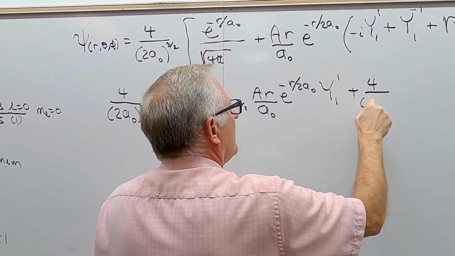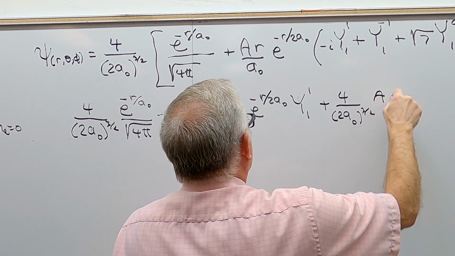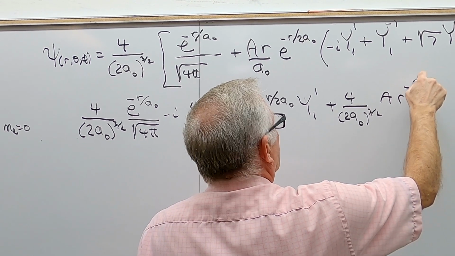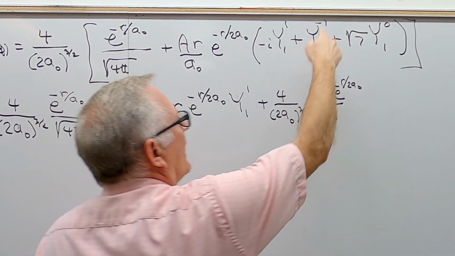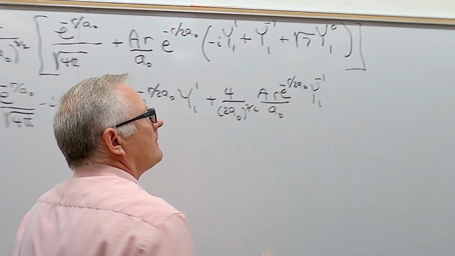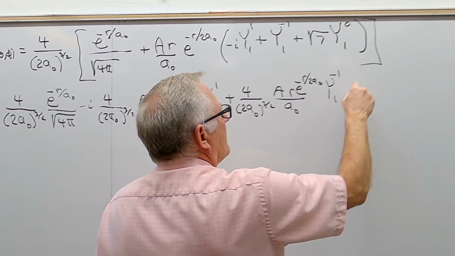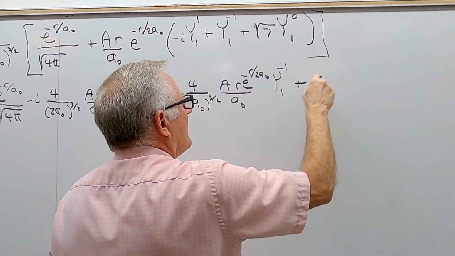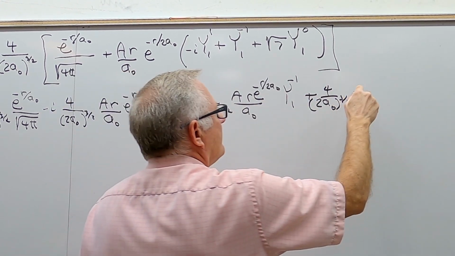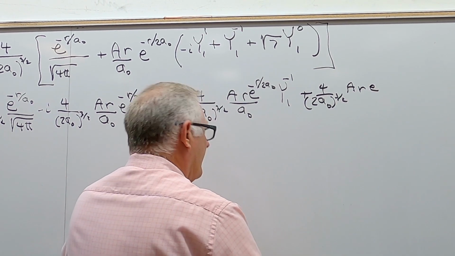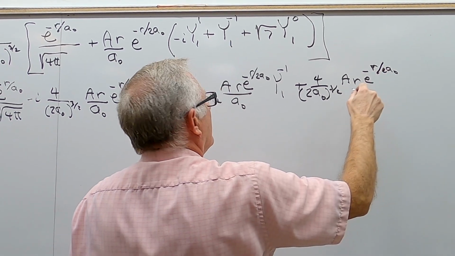4 all over 2a naught to the 3 halves, A r e to the minus r over 2a naught all over a naught, Y 1,-1, plus the last term, plus 4 over 2a naught to the 3 halves, a r e to the minus r over 2a naught all over a naught, Y 1,0.